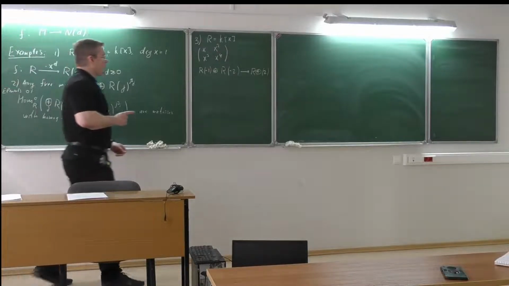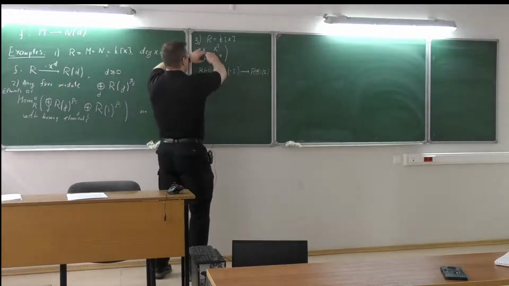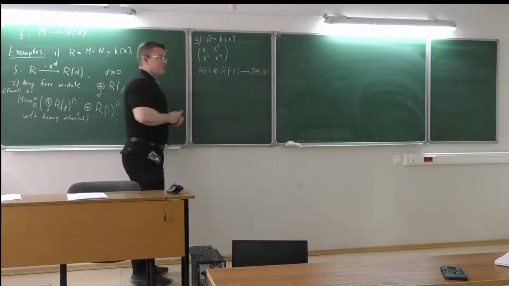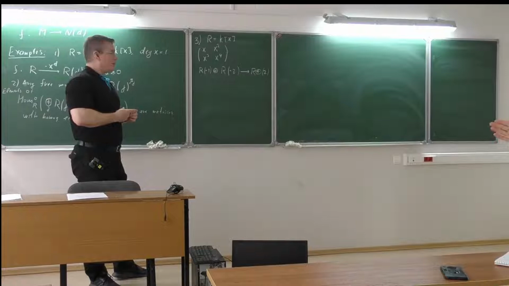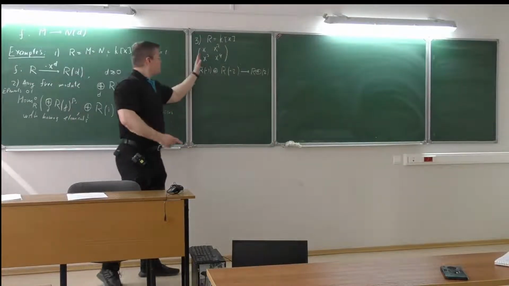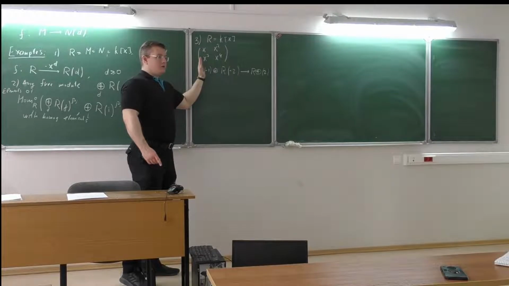For example, the first column is, as the second column, just the first column multiplied by x. Yes, so the shifts in the degrees in the columns have to be the same.